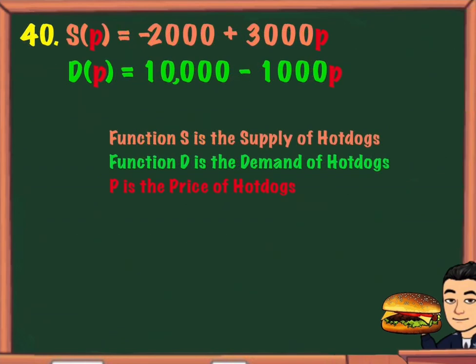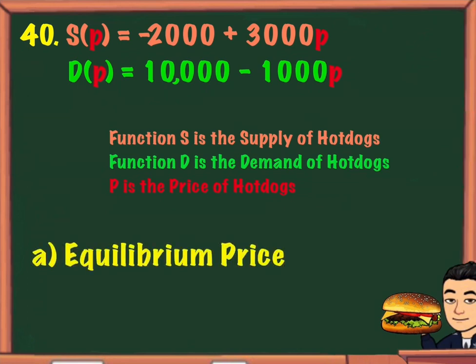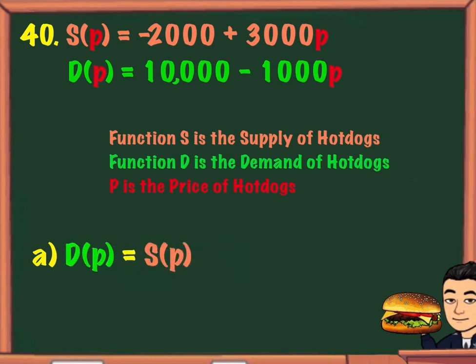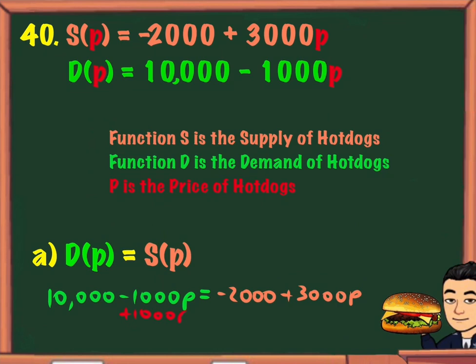All right, number 40, we're going to be talking about hot dogs at the baseball game. So the equilibrium price is basically when the demand and supply equal each other. So you want to use D of P, set it equal to S of P. So we're going to write this as 10,000 minus 1,000P equal to negative 2,000 plus 3,000P. Add 1,000P on both sides.